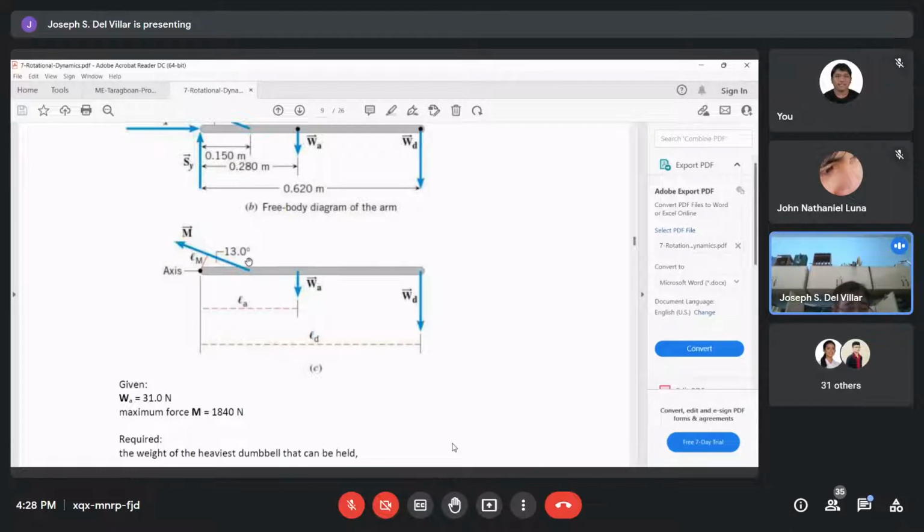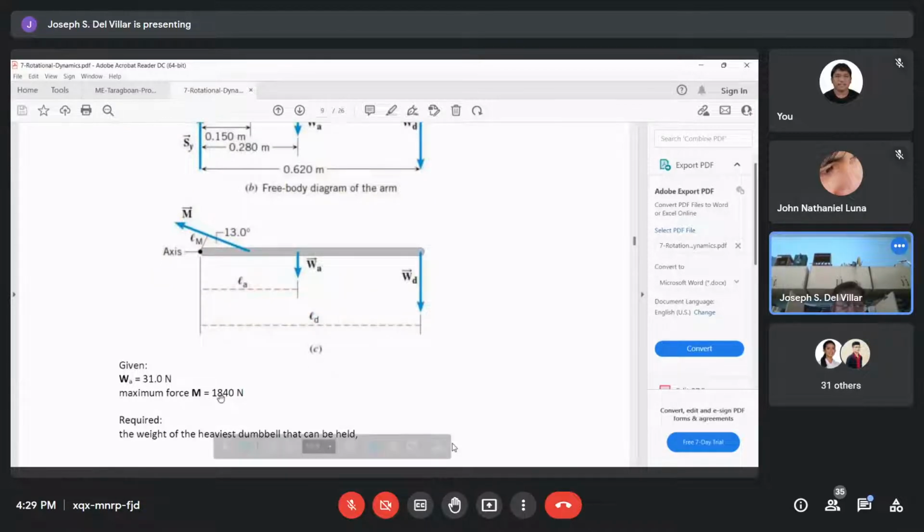You have a value for that. Okay? So, M sine 13 times 0.15, is it counterclockwise? So, that is positive. Right? M sine 13 times 0.15 minus WA times L sub A. L sub A is 0.28.